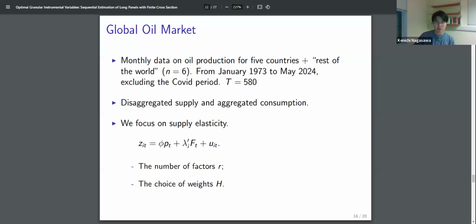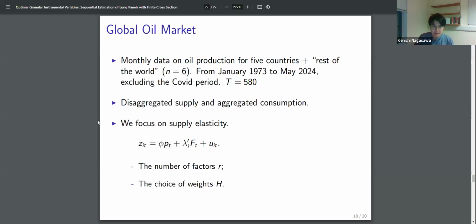So the number of cross-section units is 6, and the time period goes from 1973 to this year May, and we exclude the period of the COVID pandemic. So we have 580 time periods, and we have disaggregated supply equations and also the aggregated consumption equation.